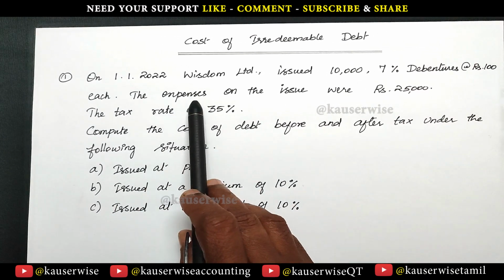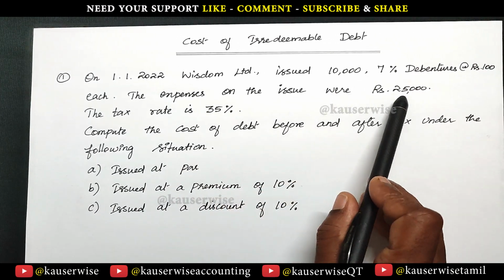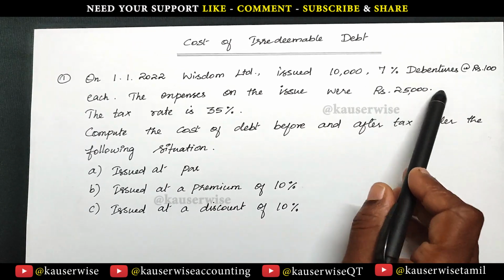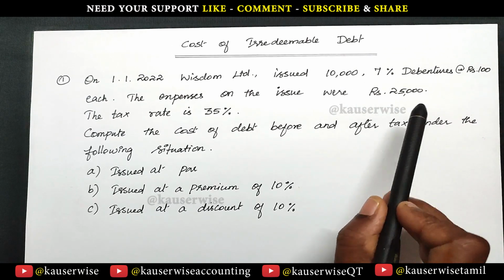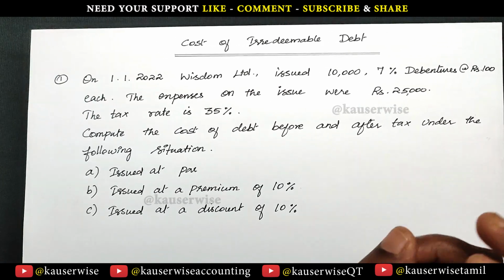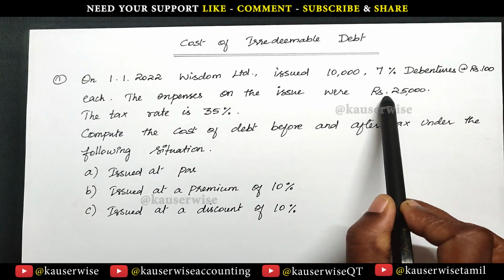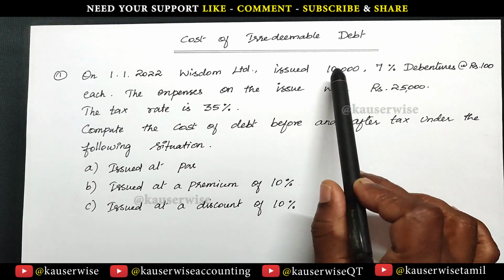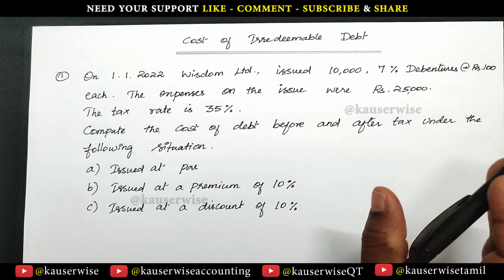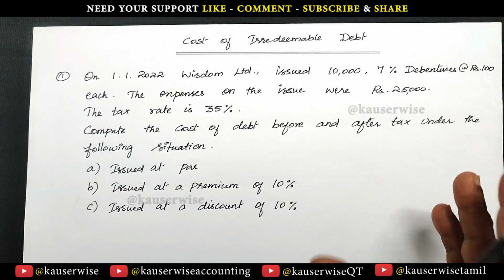The expenses on the issue were 25,000. This one is issue expenses. In this problem, they have given it in rupees. Sometimes they will give it in percentage. For example, 2% means you have to calculate 2% on the face value of the debenture or the issue price, whichever is higher.